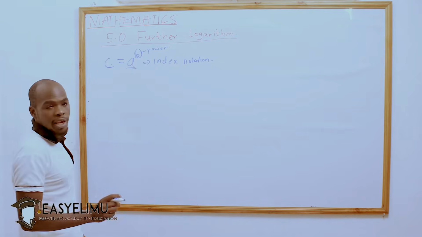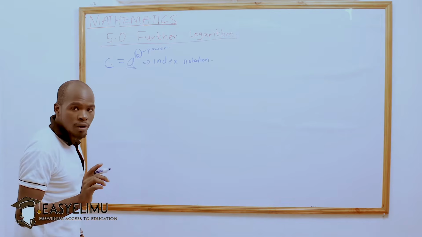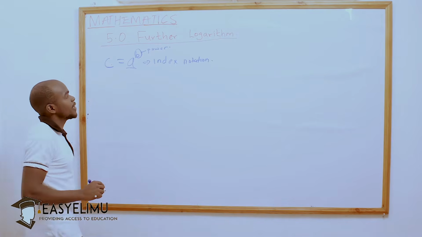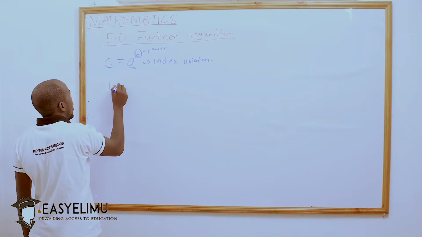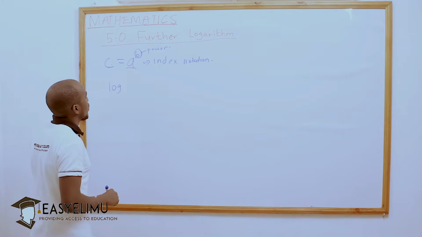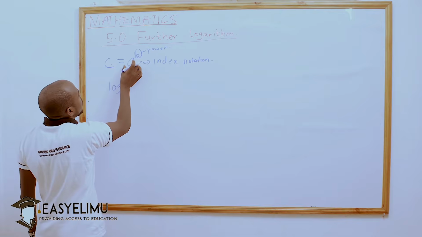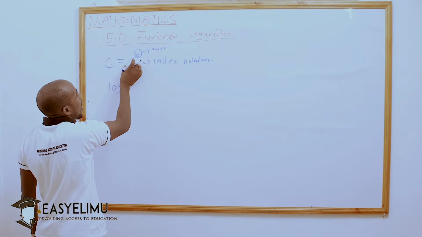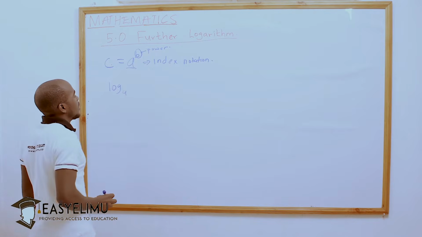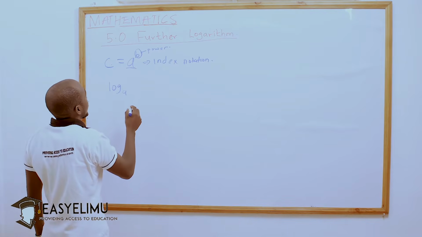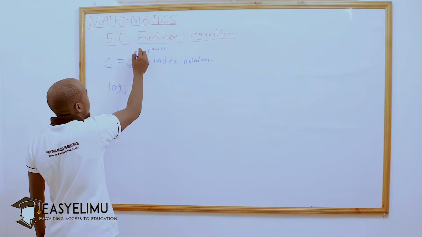So in logarithmic notation, what we are going to do is this. We shall introduce the log, then it is to the base of what we have as the base there, and the power becomes our answer.